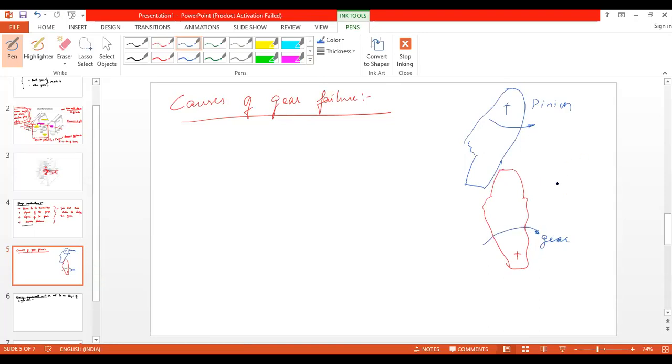Now, can you tell me how the gear can fail? What do you mean by failure with respect to design of machine elements? How can you define the failure?